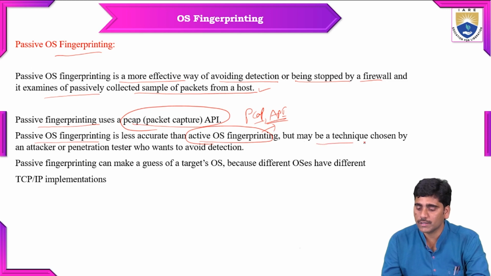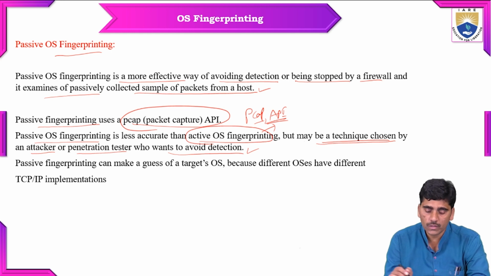But it may be a technique chosen by an attacker or penetration tester who wants to avoid detection. So those who want to avoid detection can use the technique based on their choice.